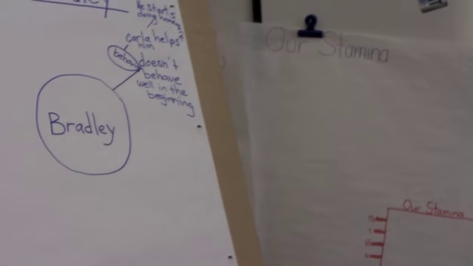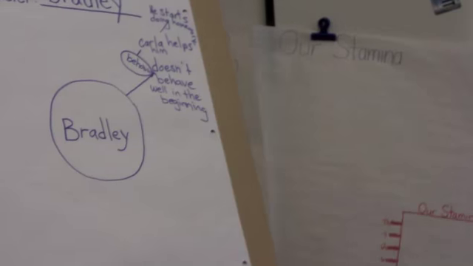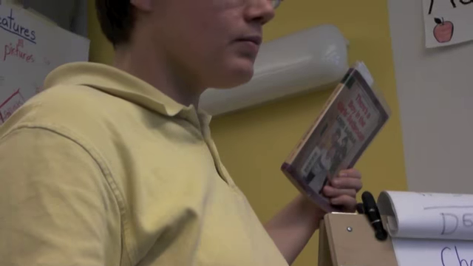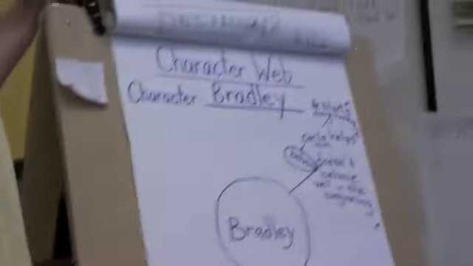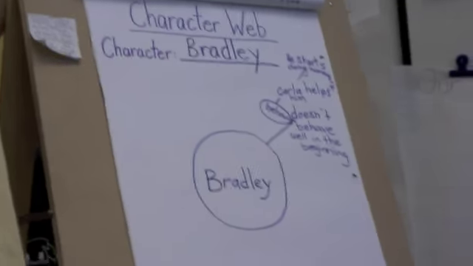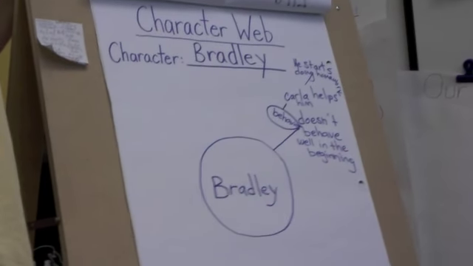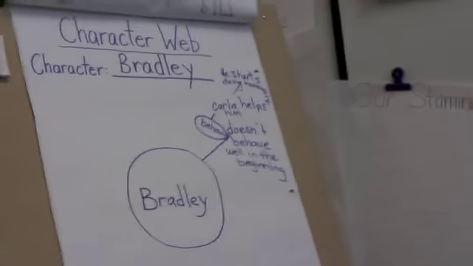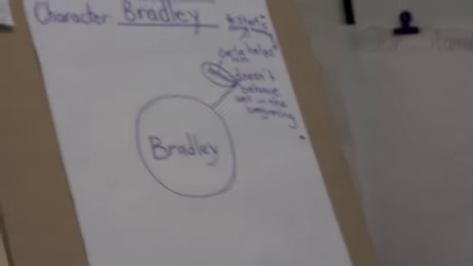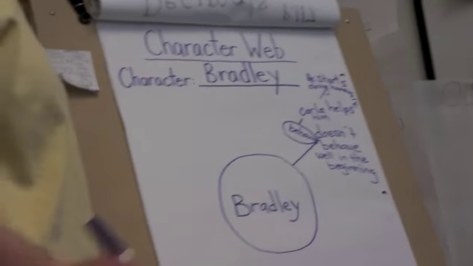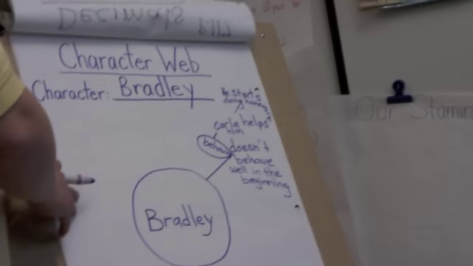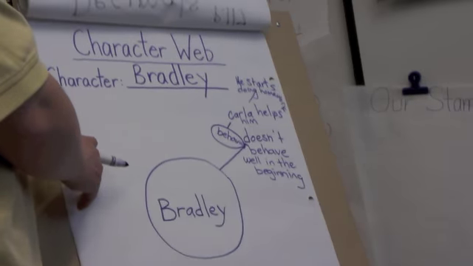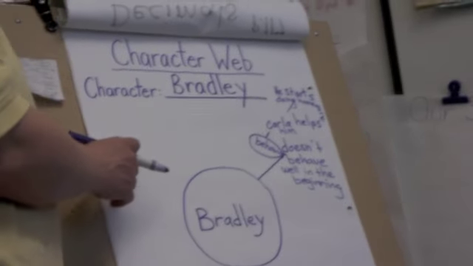All right, what else do we know about Bradley? Well, Bradley has trouble because he goes to the teacher, and like with Carla, he starts doing his homework. I mean, Bradley starts doing his homework. And he asked the teacher what page it is, and the teacher said it's 43.